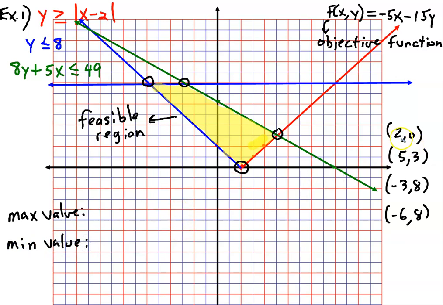Okay, so if you took the time to plug all these in, one at a time, you should find that the max value would be negative 10, and that occurs at the point (2, 0). You can see if you let x be 2 and y be 0, you're going to get negative 10 as the output. And then the minimum value is going to be negative 105.